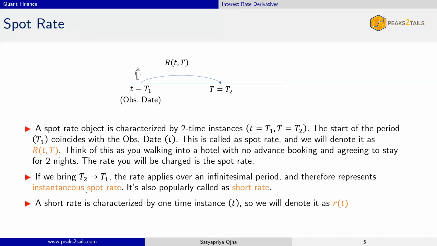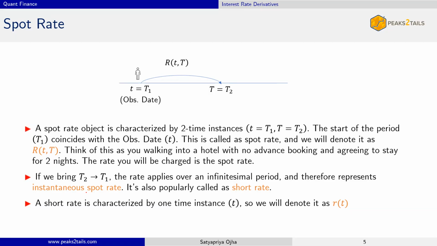Okay, next, coming to spot rate. So we talked about forward rate. Now we're going to talk about spot rate. Spot means right away. When we say on the spot, what does that mean? Right away. There is no waiting time, nothing is happening in advance. So spot rate would mean something similar.